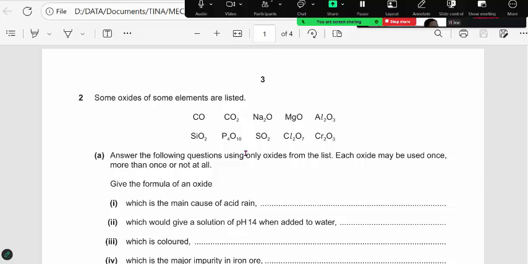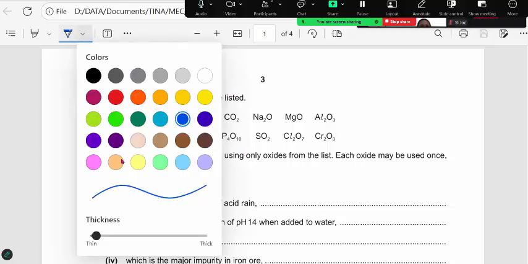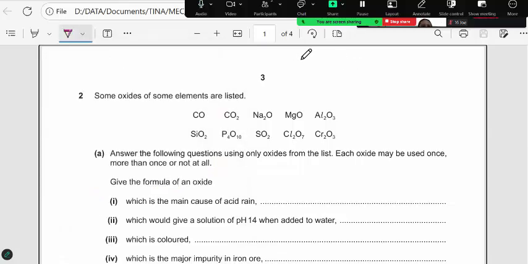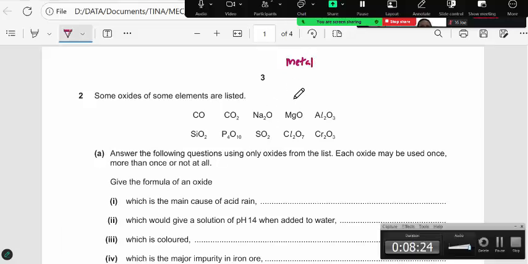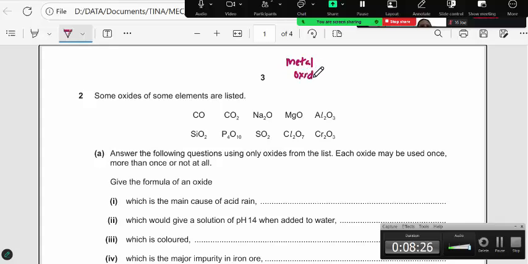Okay, now, what are the oxides? Do you remember? I hope you do. So they are metal oxides. Metal oxides are basic.